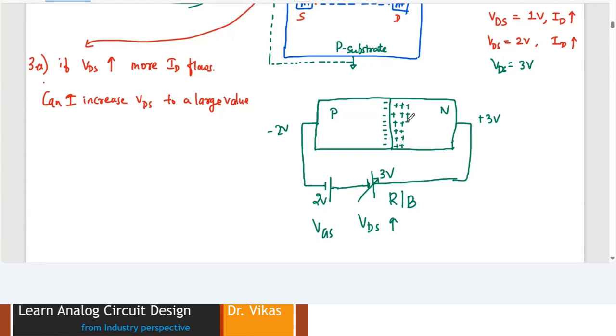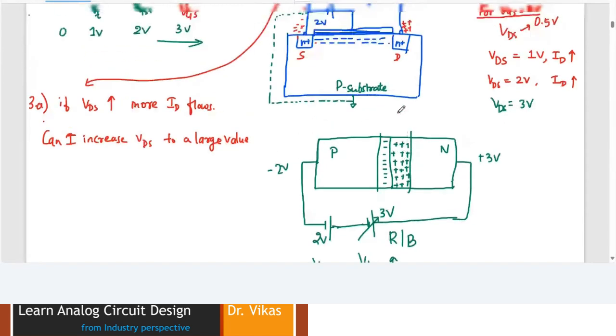What is going to happen? If you see here, nothing is going to happen because you are not increasing VGS, it is fixed. But basically what is happening here is a barrier creation, and that means within this PN junction there will be a barrier that will be created, something like this.